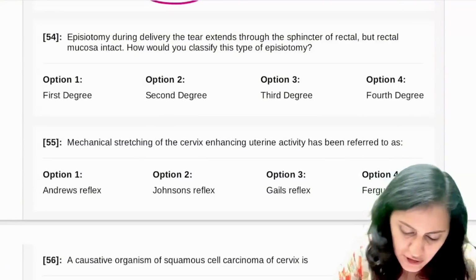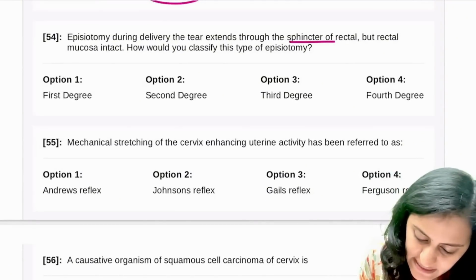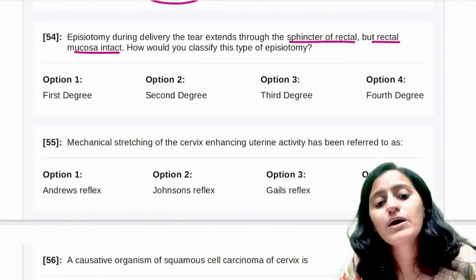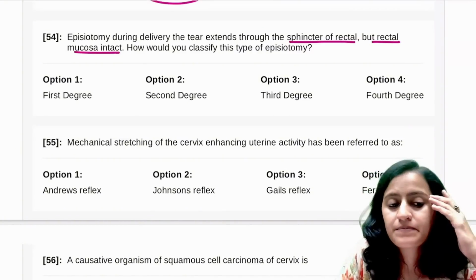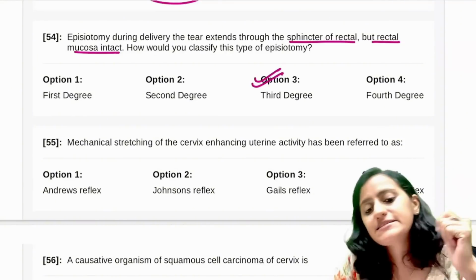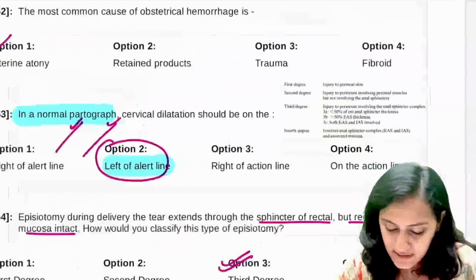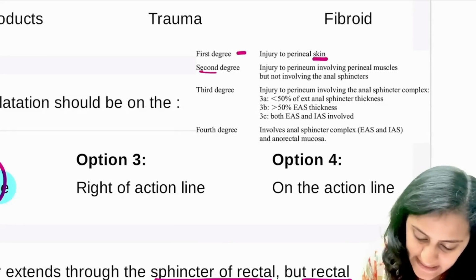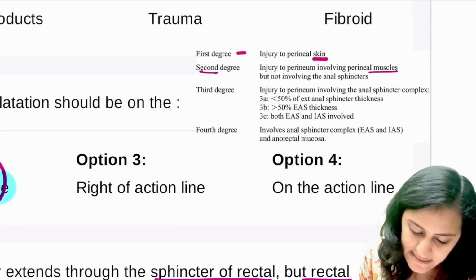Next one, episiotomy में there is a tear extending through the sphincter, but the mucosa is intact. Then what grade of tear is it? This is a third degree tear. A small table I've put here. First degree is only skin. Second degree is skin plus muscles.